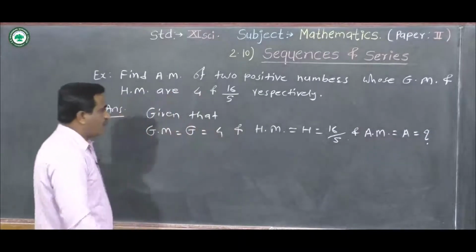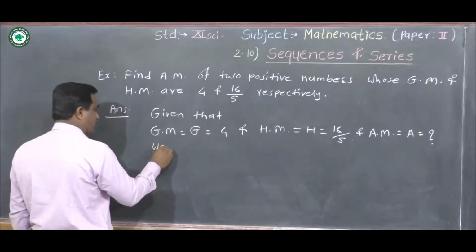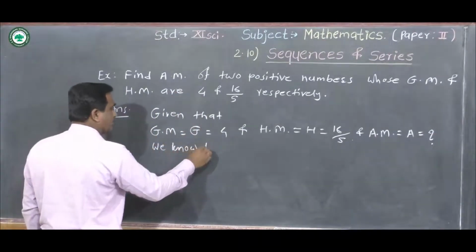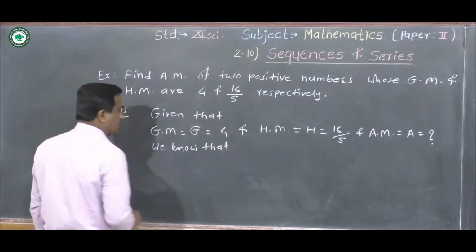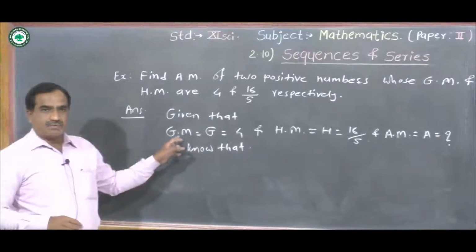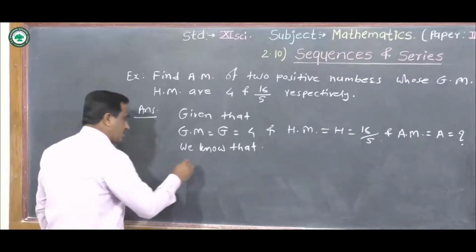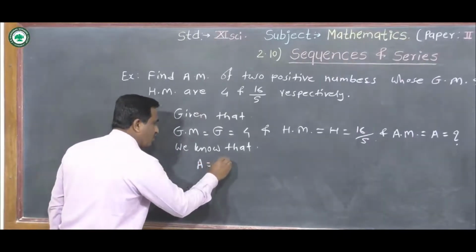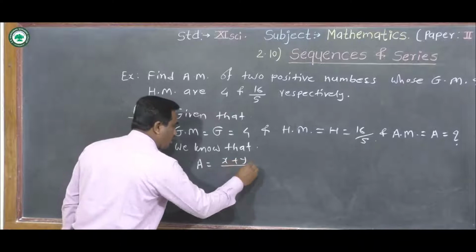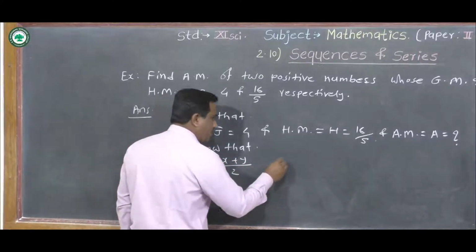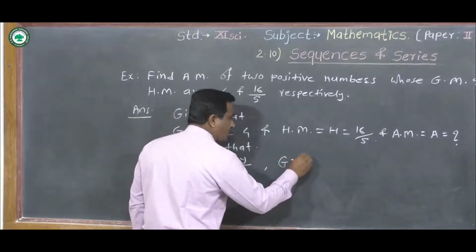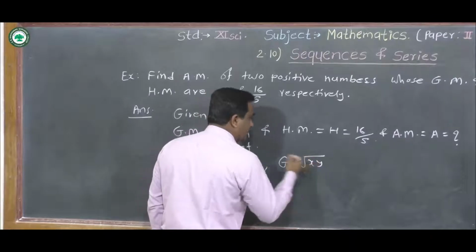Now we know these results. Arithmetic mean A is equal to x plus y upon 2. Geometric mean G is equal to under root x into y.